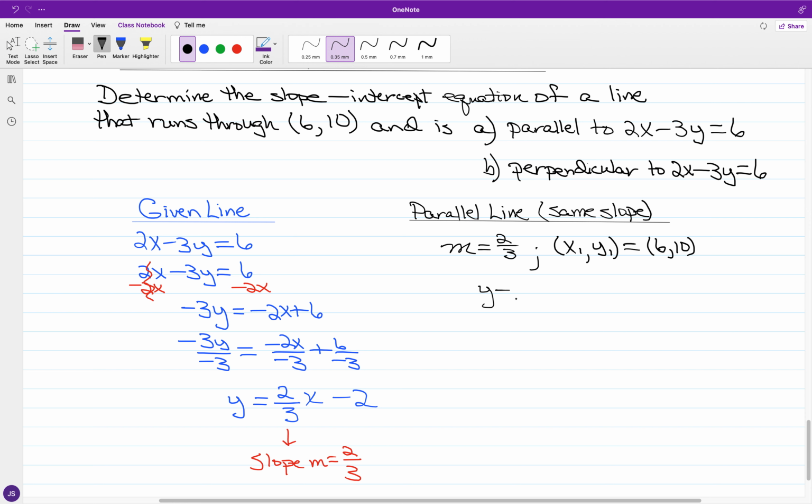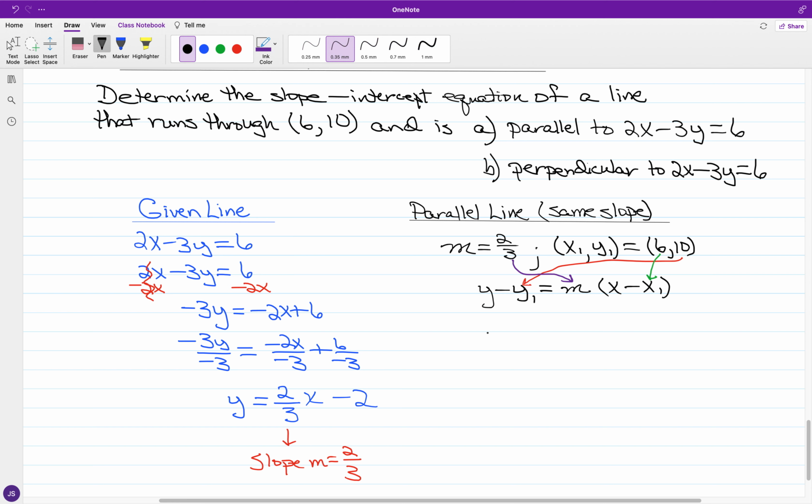Just setting things up, we have y minus y1 is equal to the slope m times the quantity x minus x1. So just filling in, we have 10 for y1, 6 for x1, and of course the slope m at 2/3.